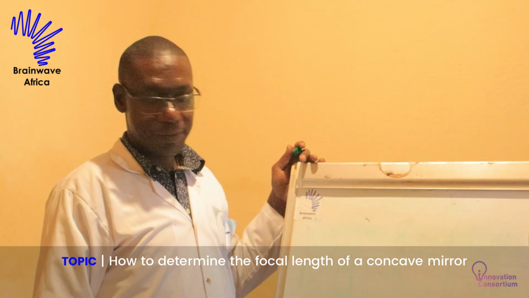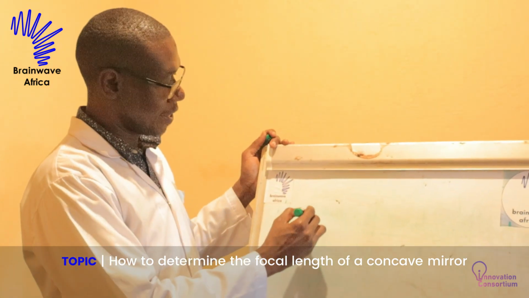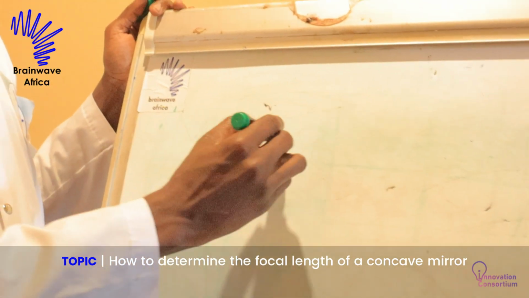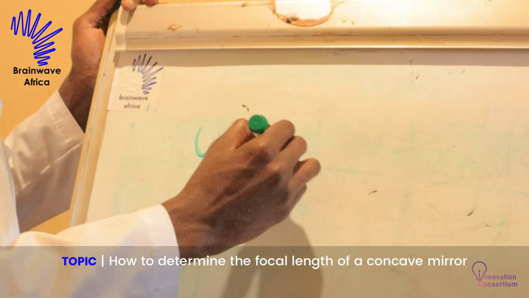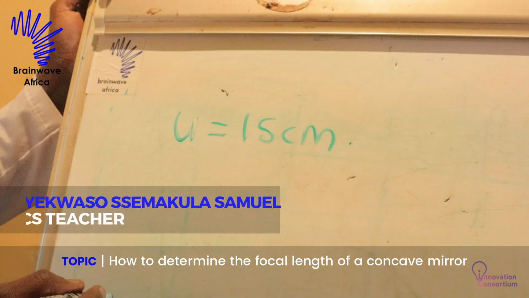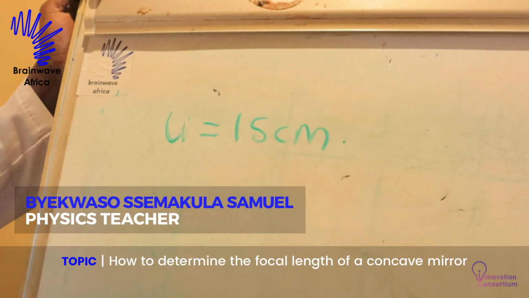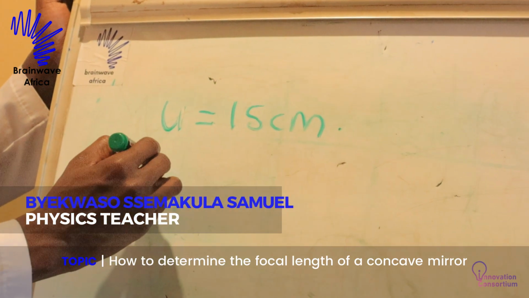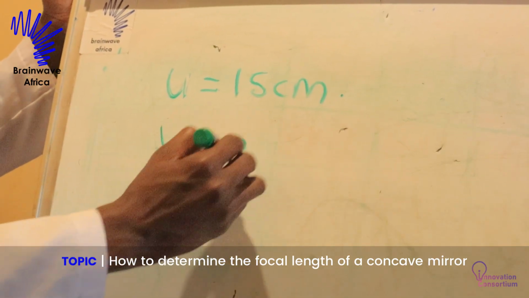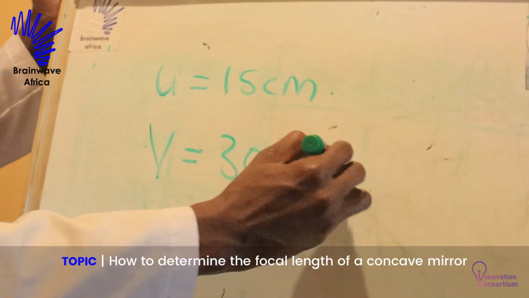So from our experiment, we had an object distance U of 15 centimeters. When we got the sharp image, the distance between the screen and the mirror, V, which we call the image distance, was 30 centimeters.